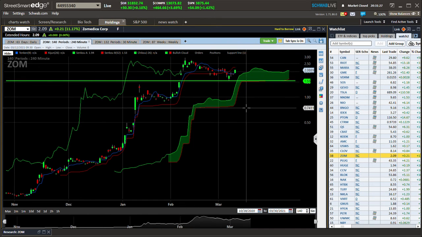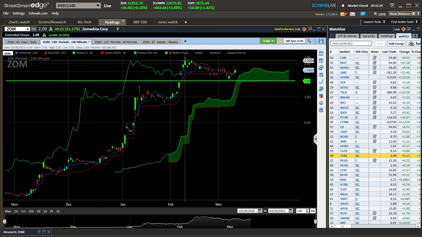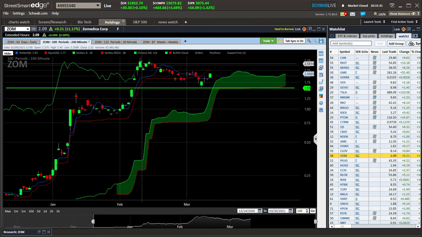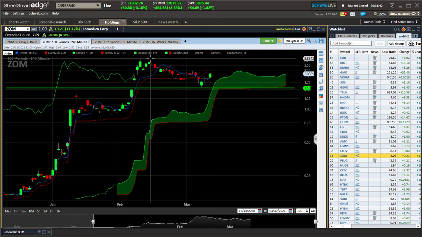So we've had a 30% pullback from the top there. I think this could potentially put on, well, if this is 30% and we push above that, this could easily put on a 60% move, I think.